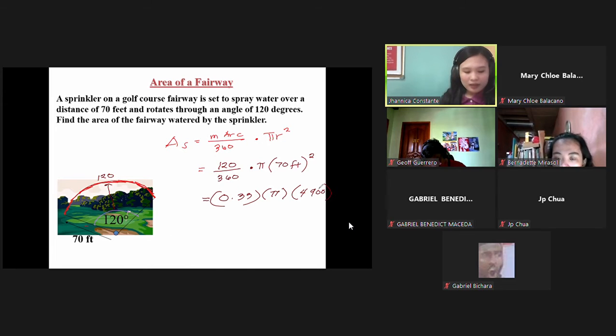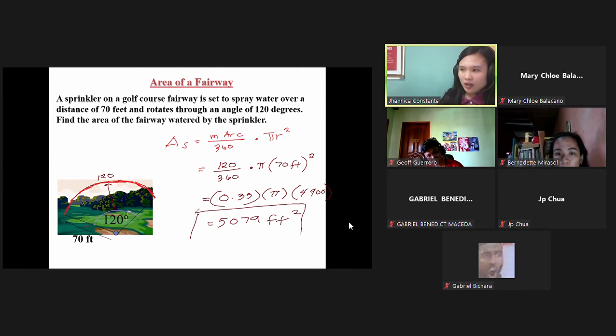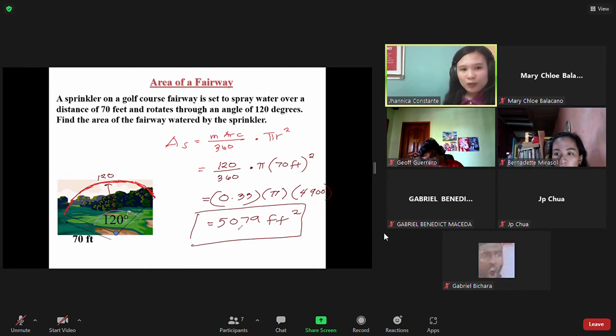So 4,900 times pi multiplied by 0.33, we have an area of the sector of the circle which is equal to 5,079 feet squared. So that is the area of our sector.